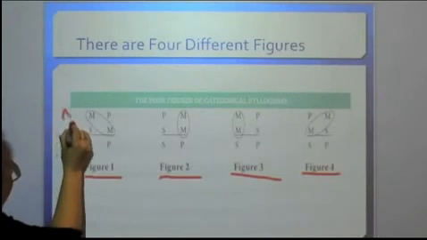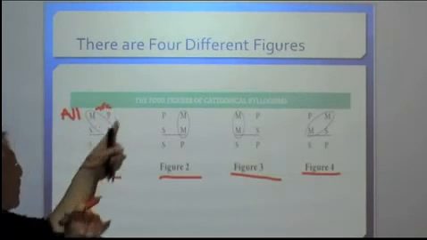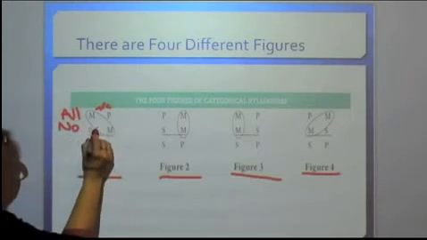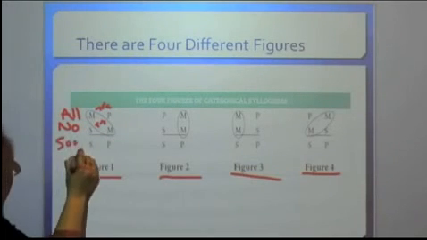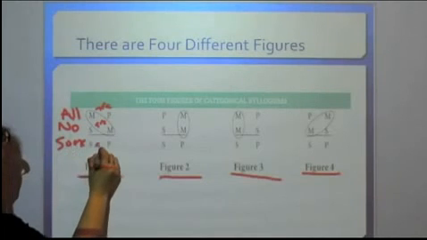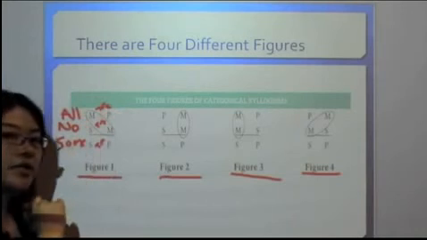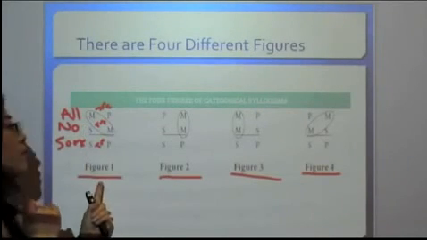So if you have something like "all M are P," okay, and "no S are M," and "some S are P," then this form of a standard form categorical syllogism will take the figure 1, okay?